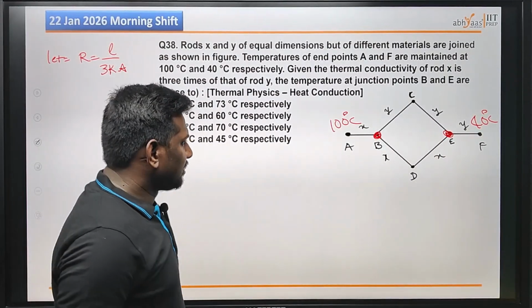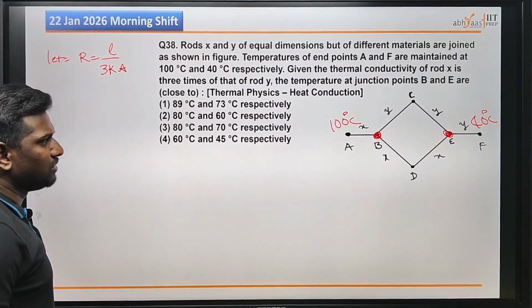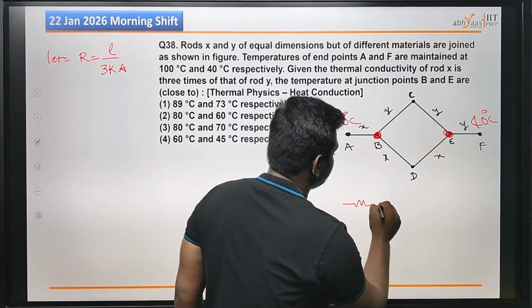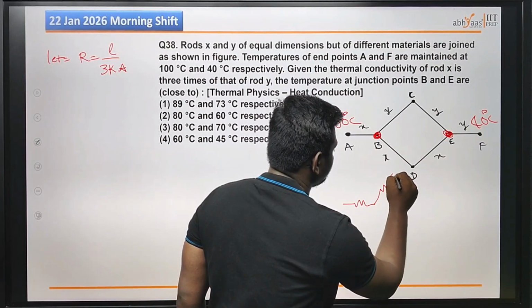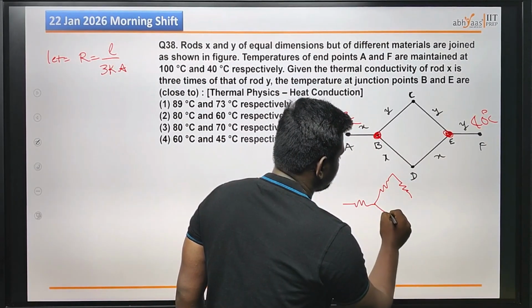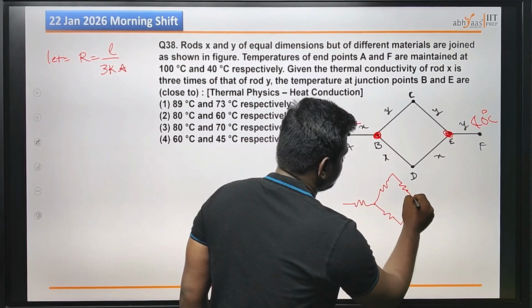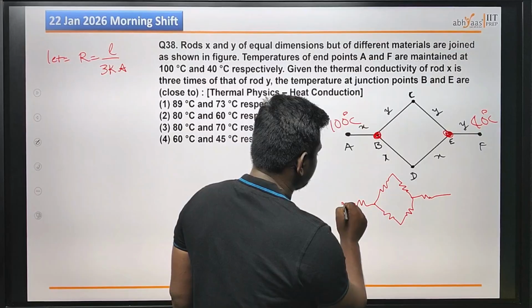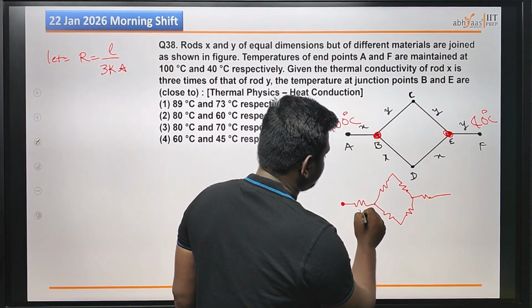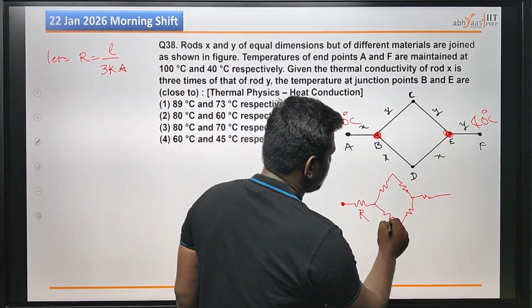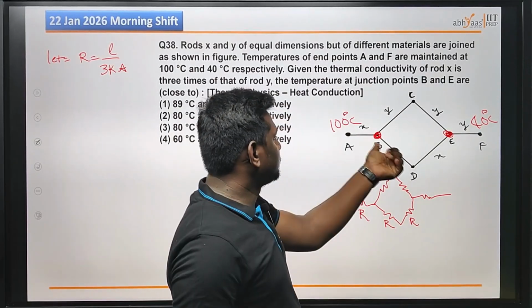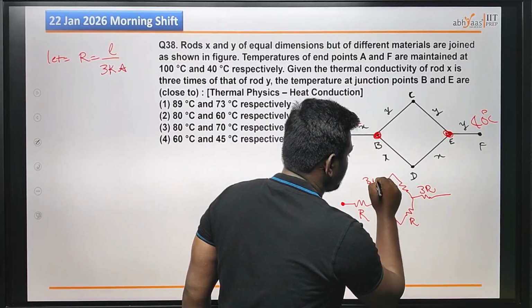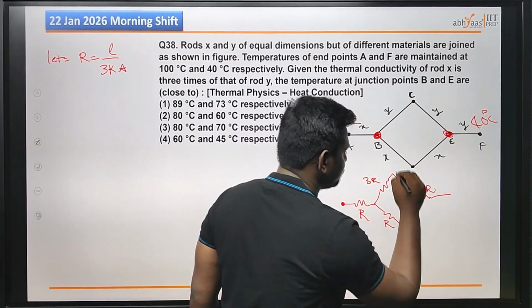So if you rewrite this figure by substituting R values, see here, X values are R, and the others are 3R, 3R and one more 3R.